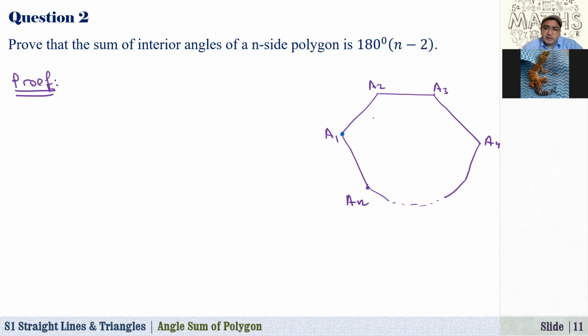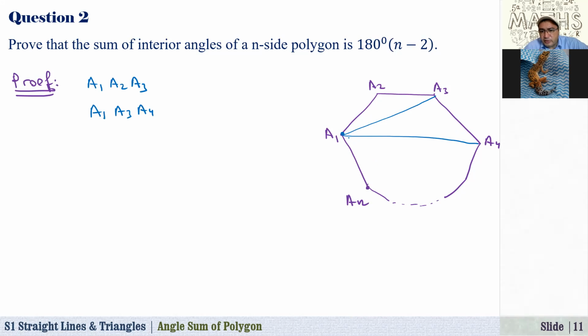How many diagonals can I draw? From A1 to A3, so now I form one triangle, that is A1, A2, A3. After that, if I join this, I form another triangle, that is A1, A3, A4.